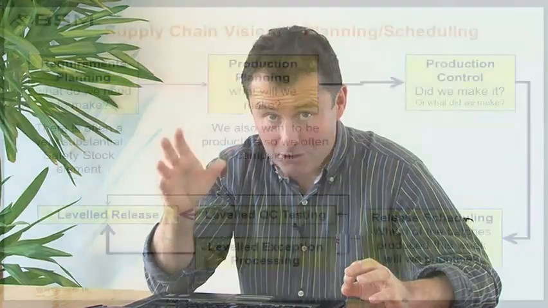And that brings you on then to 3 items. The first one, which people who are familiar with BSM's lean lab activities will be very familiar with, is leveled QC testing. So we're testing in a leveled way, but we're testing the items that are really, really required first. On the QA side, we're talking about leveled exception processing.